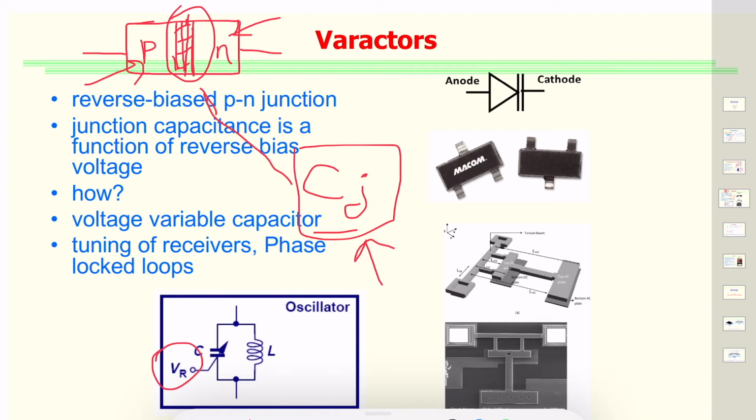This capacitance is useful in a number of applications, for example, in the automatic tuning of radio receivers. These varactors are fabricated to be used as voltage variable capacitors. When the voltage changes across them, the capacitance changes, and hence the overall behavior of the diode changes. So we call them variable capacitors or varactors.